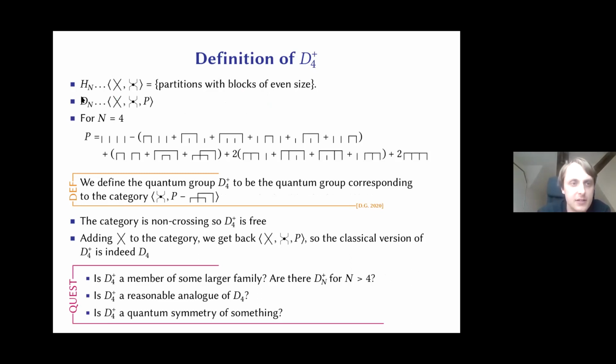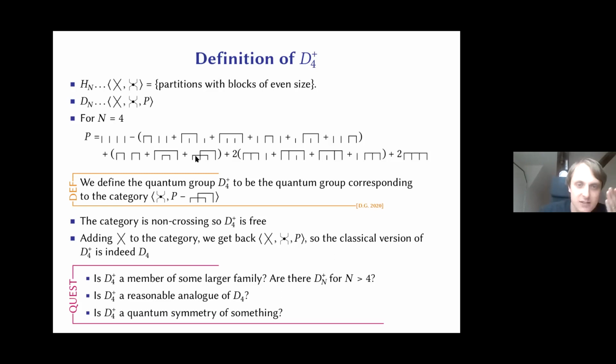Now what you can do is interpret this D_n as a partition quantum group, where this is a partition, and this is also a partition. And now the idea is to kick out all the crossings. So you could remove this simple crossing and leave those 2 there. But the point is that inside this P there is this summand here, which is also a crossing partition. And therefore, you should not call the resulting quantum group free, because you still have some crossing inside.